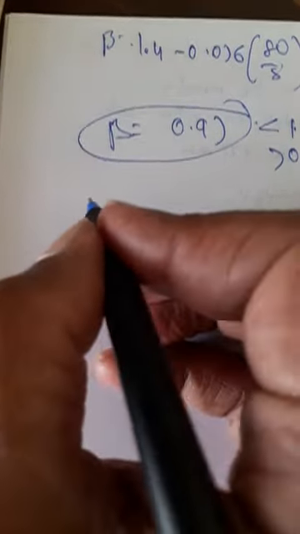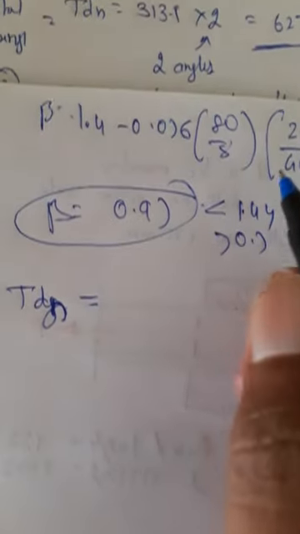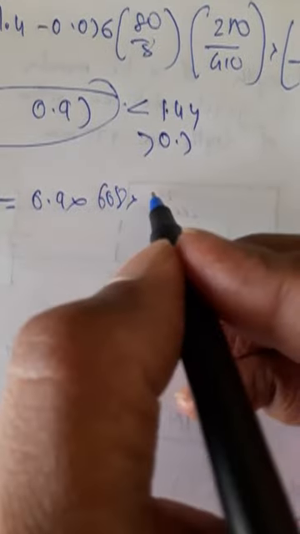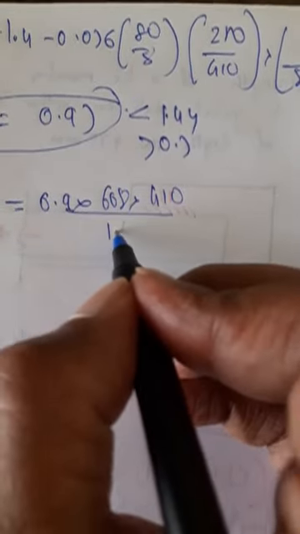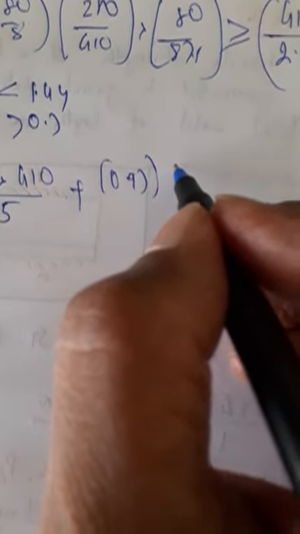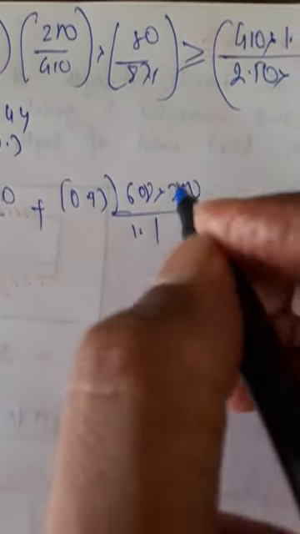Now substitute the values and get the value of TDN. So TDN is given by, so TDN is 0.9 into ANC, net area of connected leg 608 into Fu 410 divided by gamma ml 1.25 plus beta is 0.97 already calculated into AGO 608 into Fy 250 divided by gamma m naught 1.1.